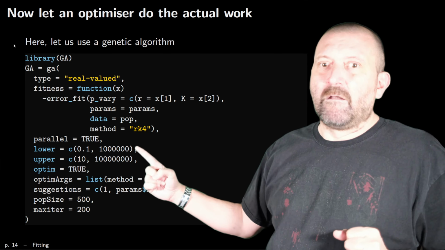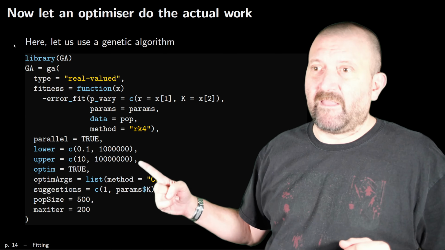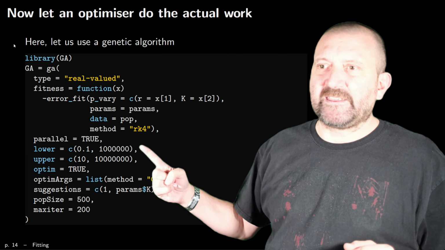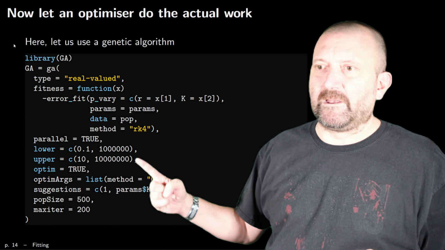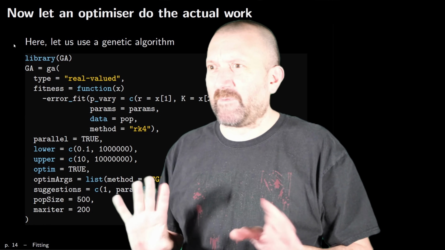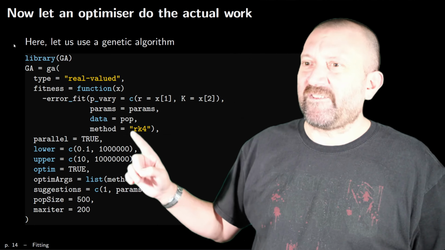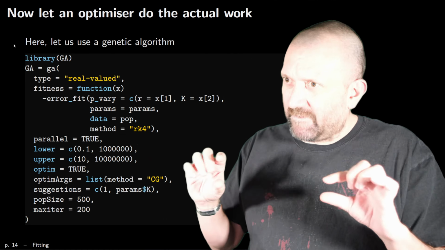So I'm taking R to be between 0.1 and 10, and K to be between 1 million and 10 million. The current population of El Salvador is about 7 million, if I remember. So this allows me to specify that range.